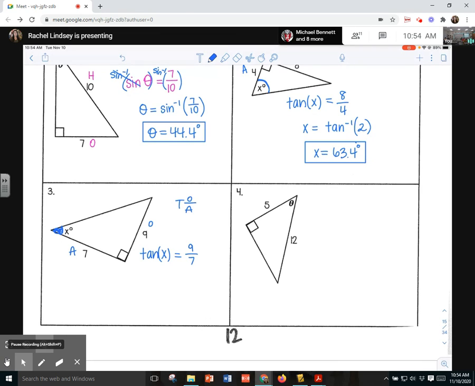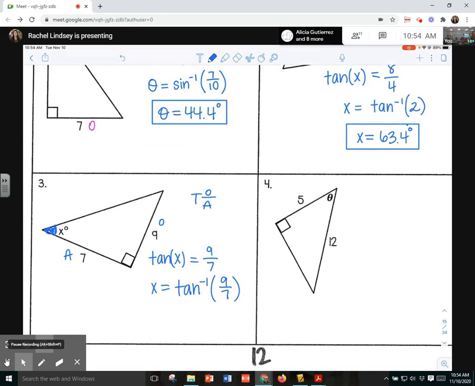Tan inverse both sides, and you just have X equals tangent inverse of 9 over 7. And what do you get when you do tangent inverse of 9 over 7? 52.1 degrees.